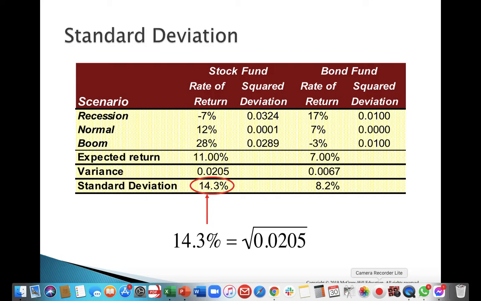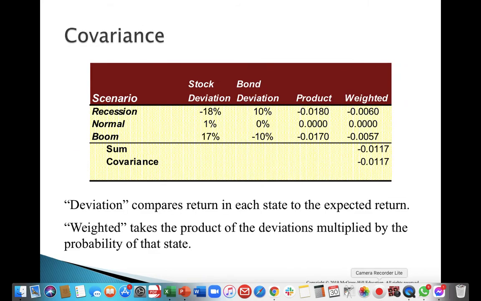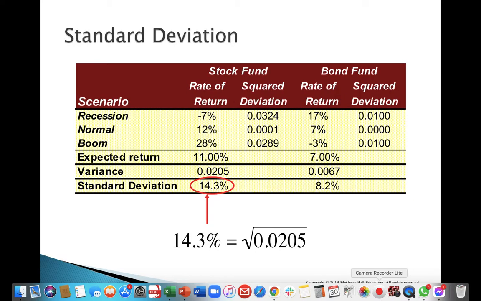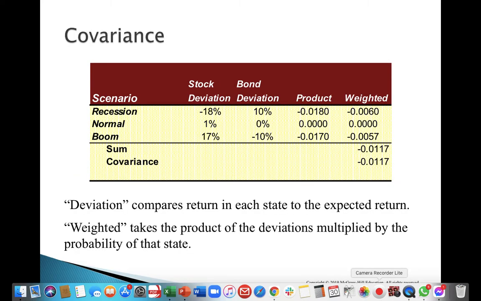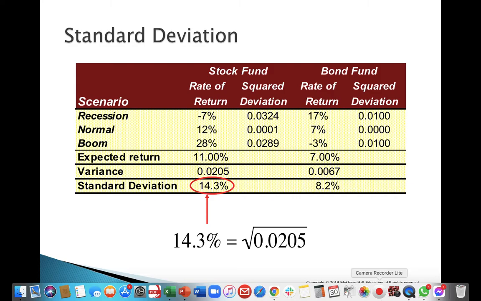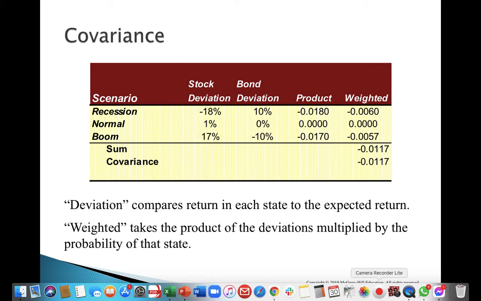In stock fund, what will be the deviation? Minus 7 minus 11 is equal to minus 18. You see here. Deviation in normal situation will be 12% minus 11% is equal to 1%. Similarly, in boom economy, 28% minus 11% is equal to 17%.